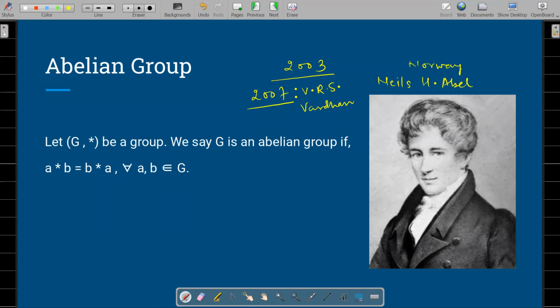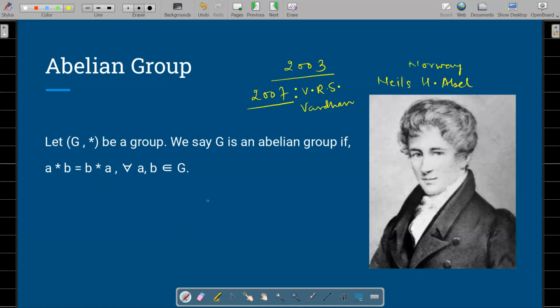Yeah. So, as I said, certain problems of roots of polynomials in terms of coefficients. In fact, Abel got the idea that the group should be abelian.